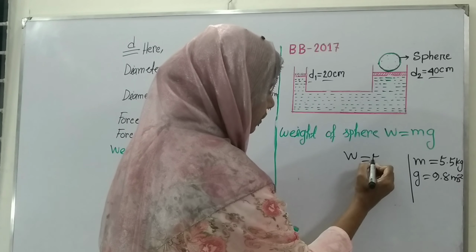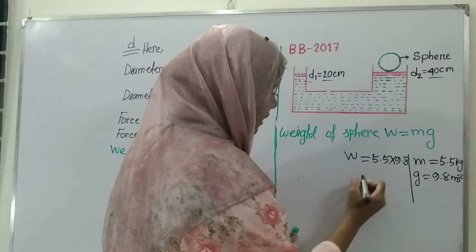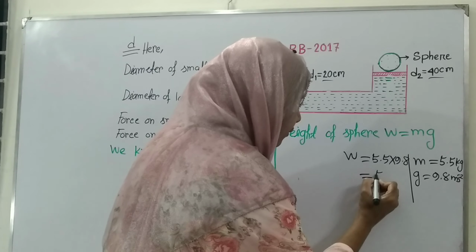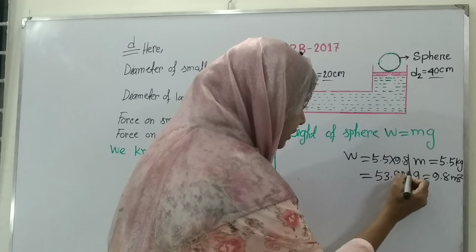So 5.5 into 9.8, then the answer is 53.9 Newton.